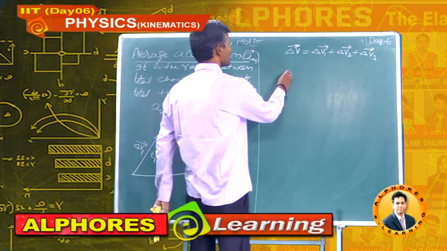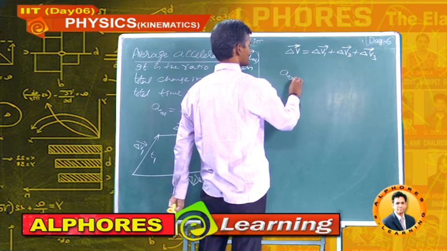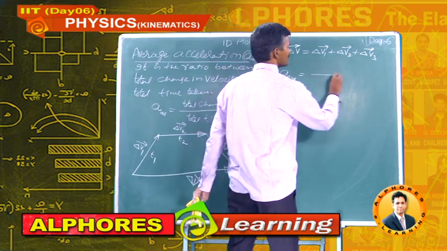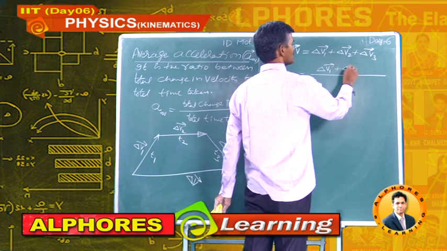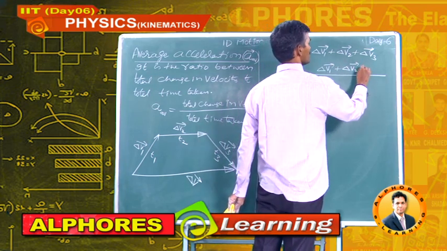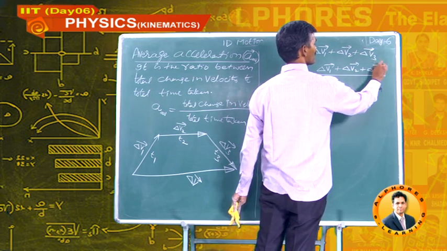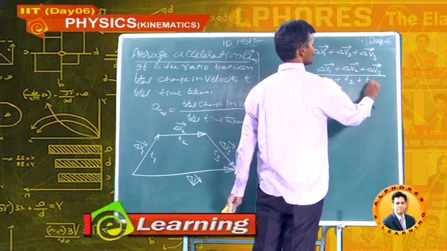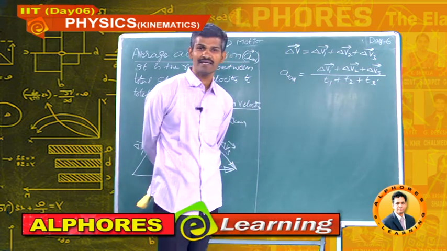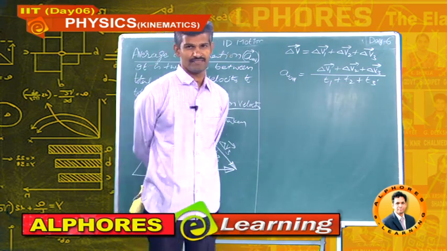So the average acceleration of the body is given by delta v1 bar plus delta v2 bar plus delta v3 bar by the total time, t1 plus t2 plus t3.